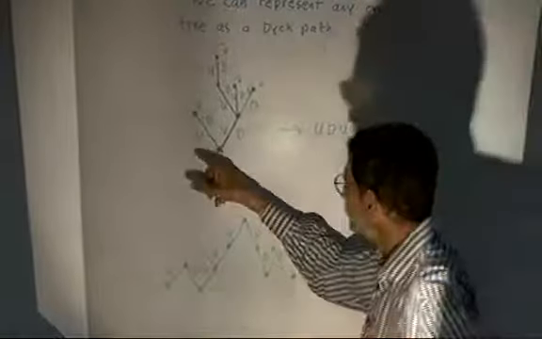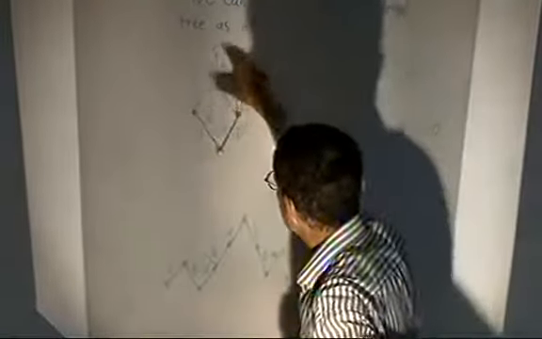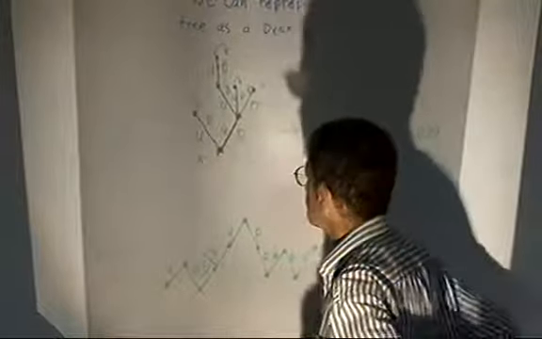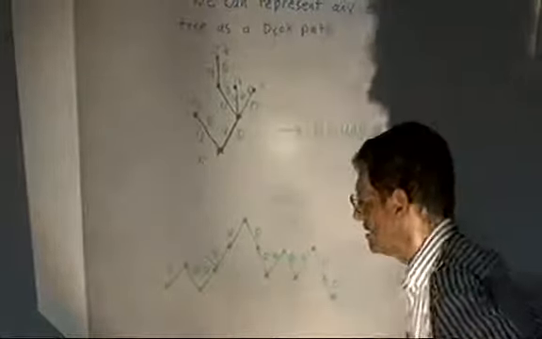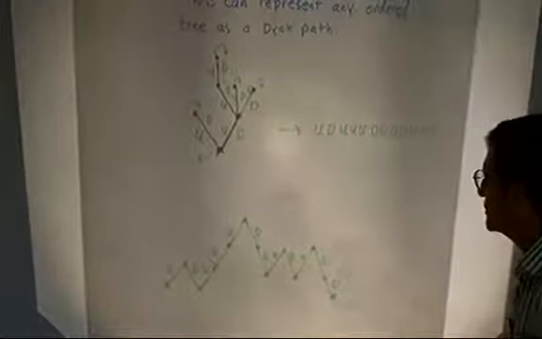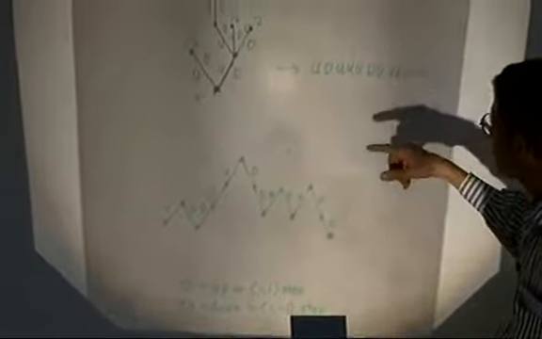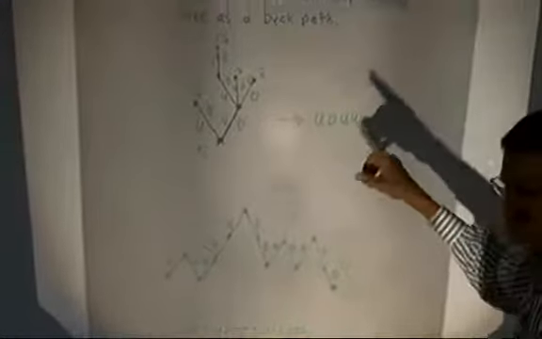What we do is we work our way around the tree. I think it's pre-order traversal. There's some computer science term, I don't quite remember what it is.